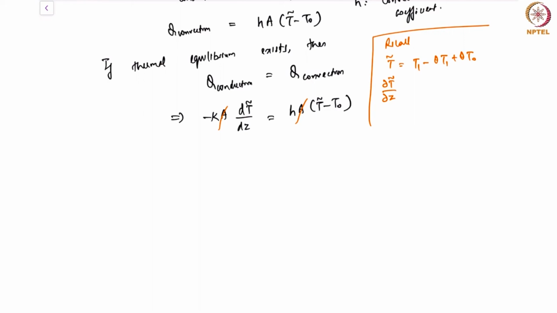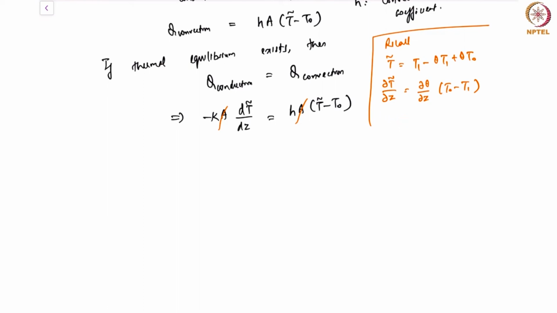Therefore to calculate del T by del z, this essentially becomes del theta by del z into T0 minus T1. And also we have T minus T naught, so maybe just substitute this and see.